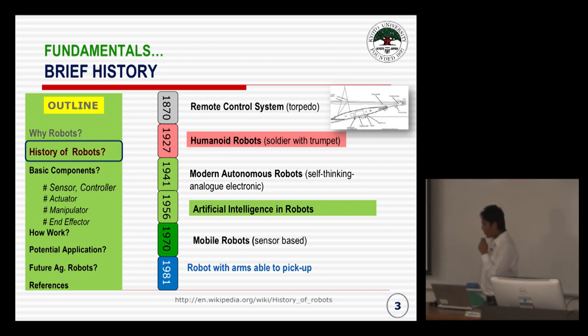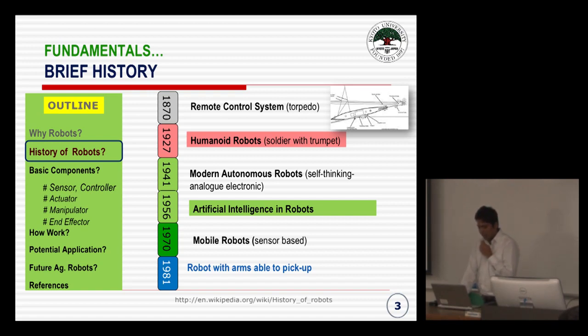I just tried to introduce a brief history of robot invention all over the world. First, in 1870, the remote control system was introduced, the wire-guided torpedo type, which was used for other purposes, not in agriculture.